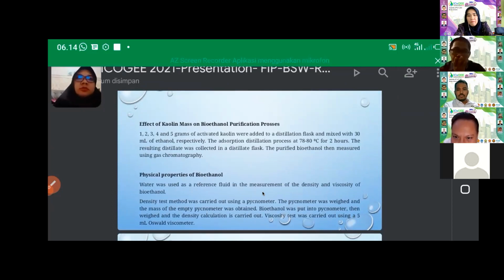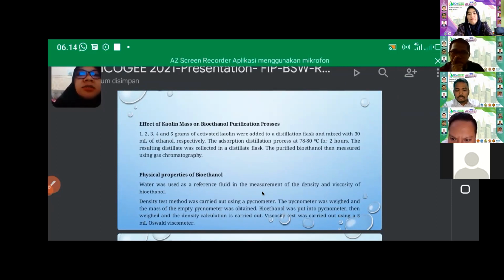We take activated kaolin in amounts of 1, 2, 3, 4, and 5 grams, and add it to a distillation flask and mix with 30 of ethanol. The absorption distillation process is at 78 to 80 degrees for 2 hours.